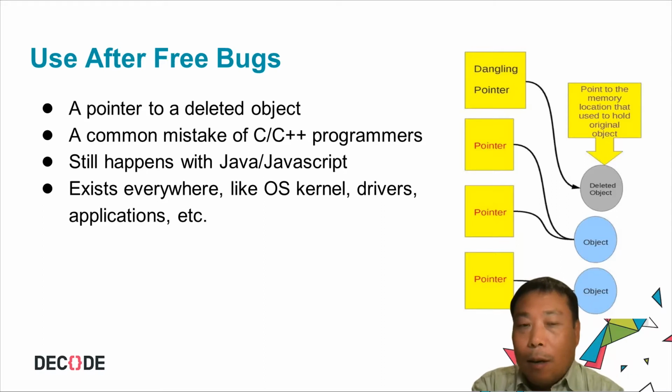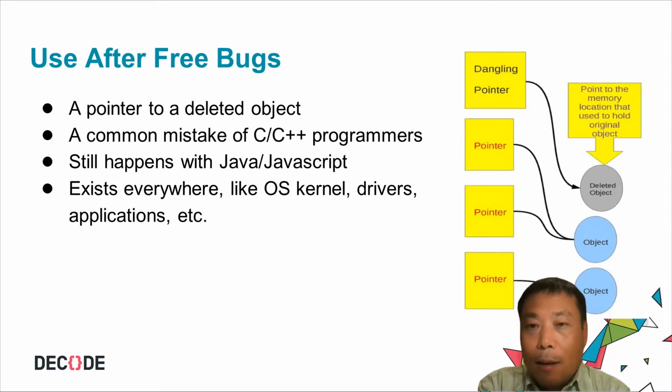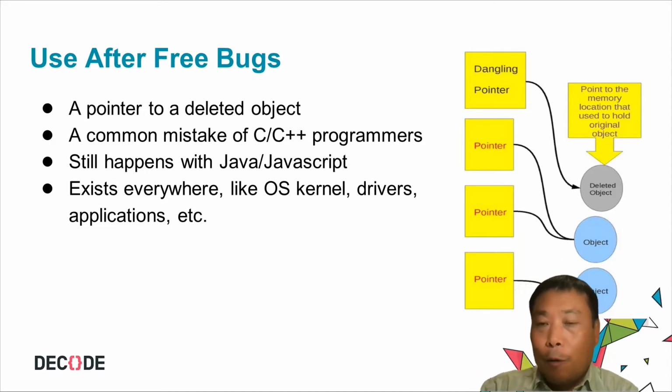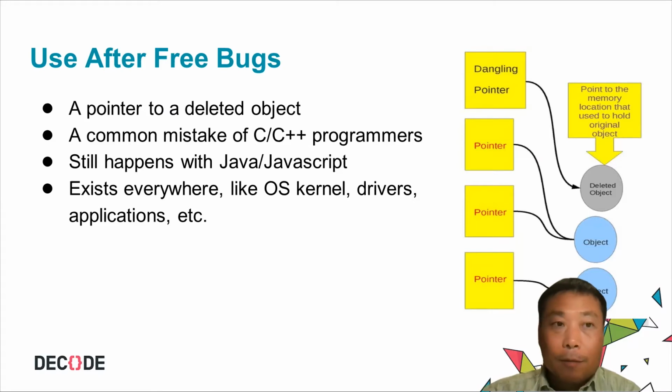Okay, so in this situation, it's really hard to find this kind of bug. It's really bad for the programmers. But for me, I'll try to make use of this situation and try to control the data in the object and make it jump to my shellcode.